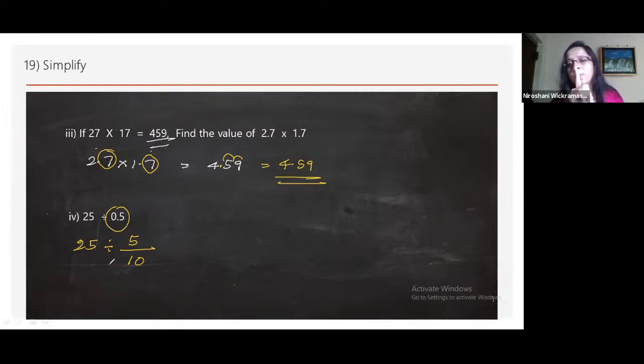If 1 decimal place, the denominator is 10. If 2 decimal places, 2 zeros, it means 100. If 3 decimal places, 3 zeros, the denominator is 1000. Then you can write 25 times 10 over 5. The answer is 50.